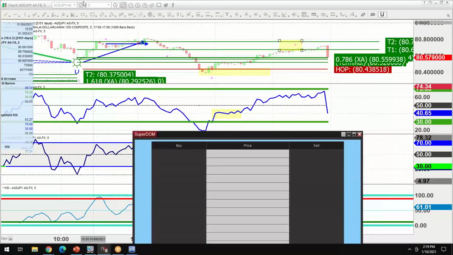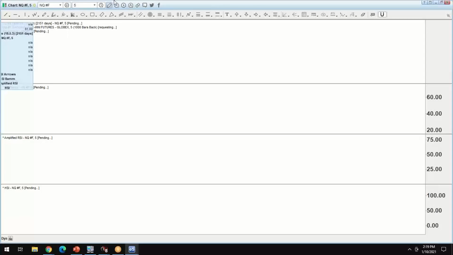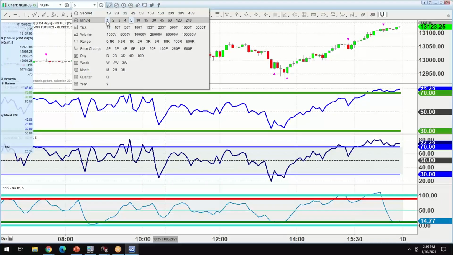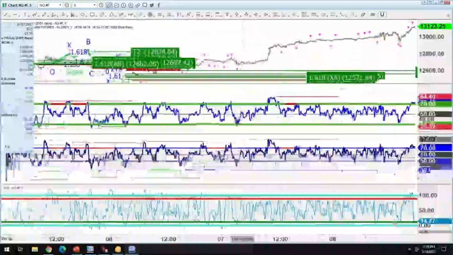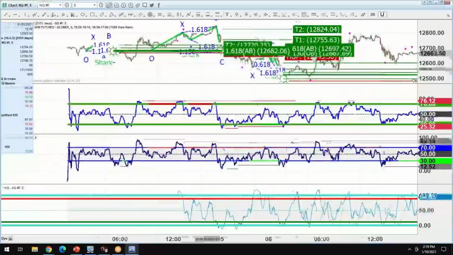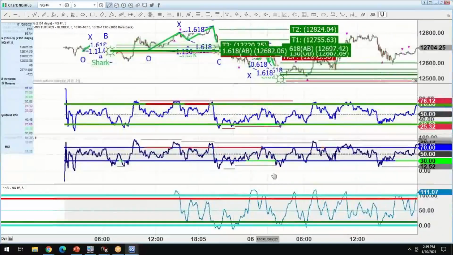Let's go back to that NASDAQ. Here's that NQ. We'll go back to the pattern from last week. Here you go. There's the crab.